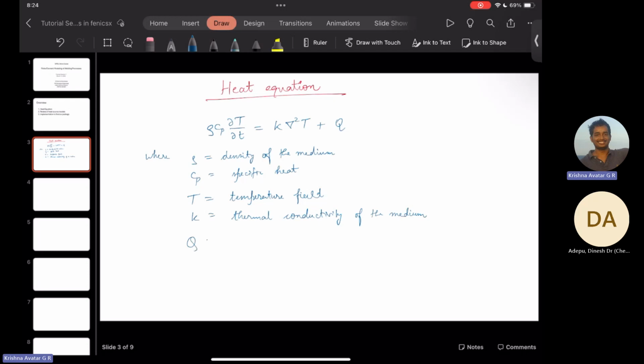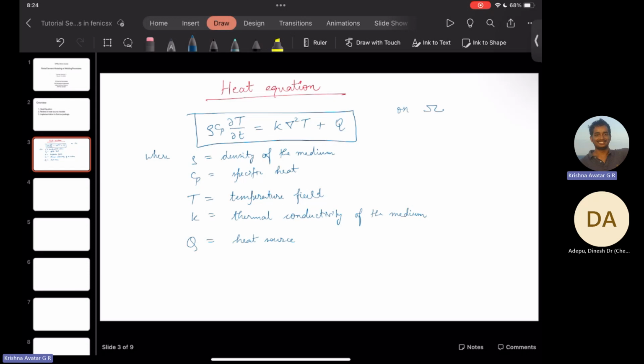And Q is our heat source. So this is a partial differential equation, first order in time and second order in space. It will be defined over some domain omega, and for this problem to be well posed, we need certain boundary conditions.